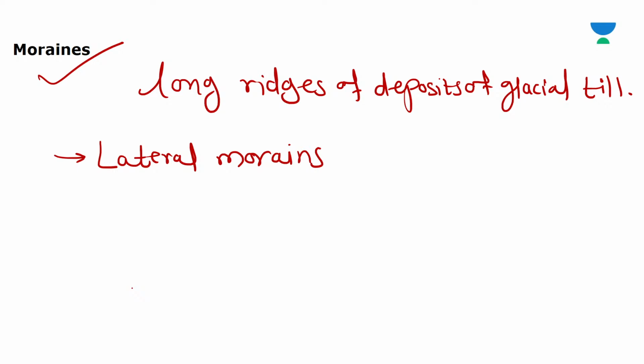So there can be many lateral moraines on either side in a glacial valley. These moraines partly or fully owe their origin to glaciofluvial waters, which push up materials to the sides of glaciers.